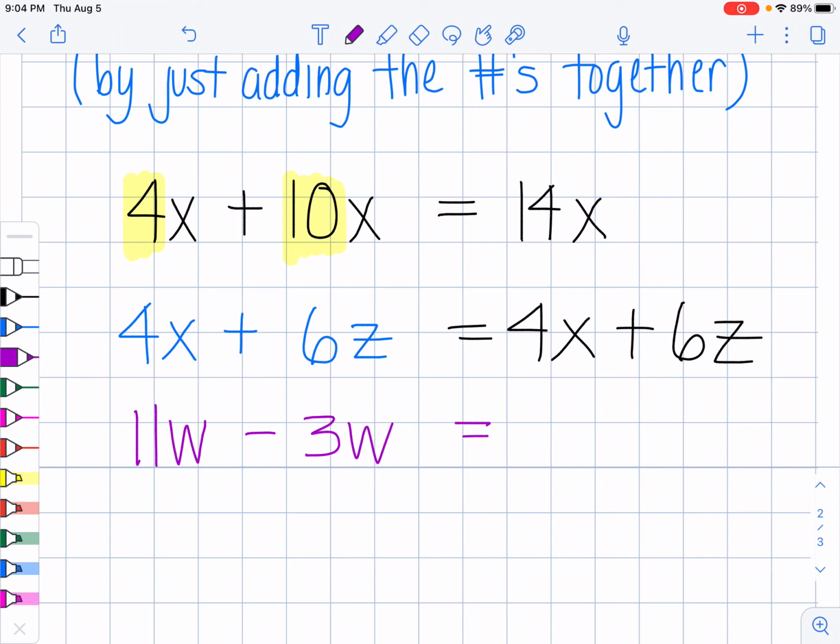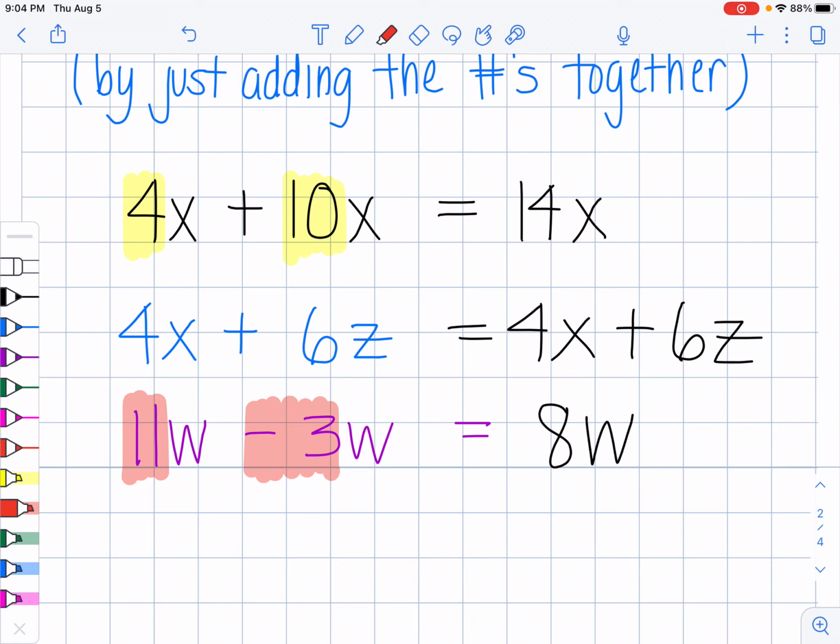In one pile I have 11 W's, and in this pile over here I'm taking away 3 W's. So I have 11 watermelons, and then I'm removing 3 watermelons from that. How many watermelons am I going to have left? I'm going to have 8 watermelons left. Or if you look at it without thinking about it like that, I have to take 11 minus 3, and 11 minus 3 is 8. So you can think about it any way that you want.